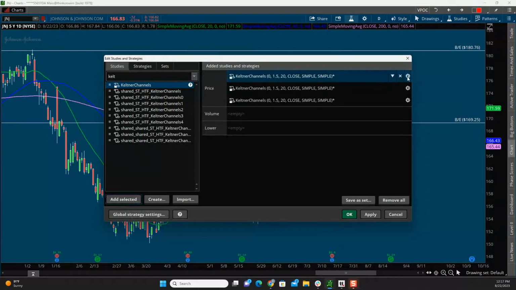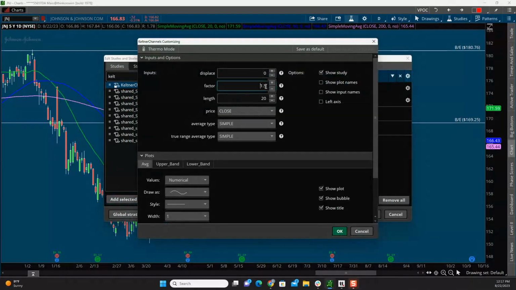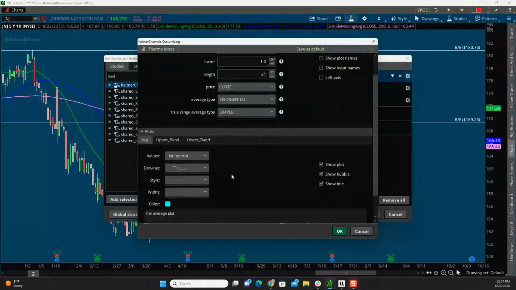Right here, you go to settings. So you have the ATR, the length is going to be 21, price close, average type exponential, average true range simple. And from here, I like to have this as white, because this is going to be your daily 21 EMA. That's what this line is right here.